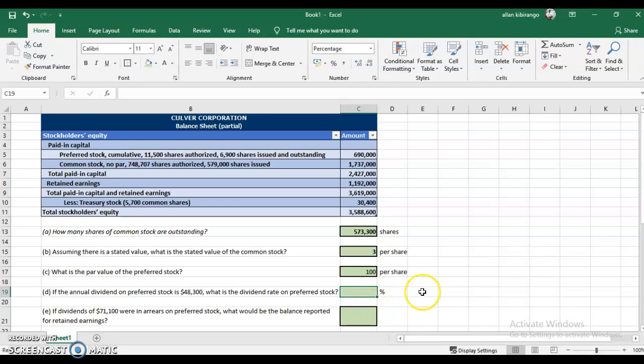The first one is you get the annual preferred dividends.